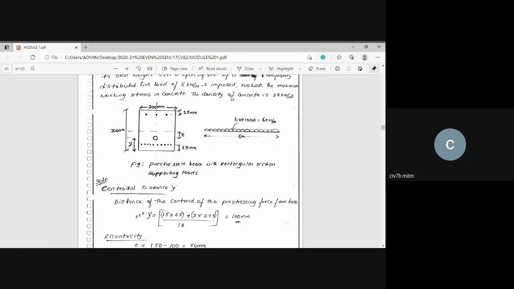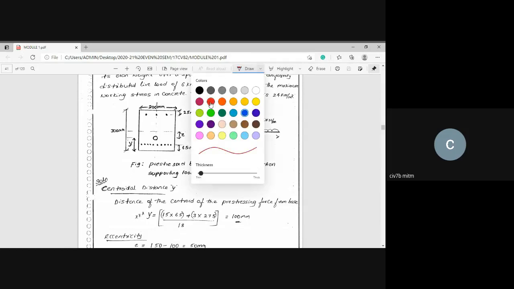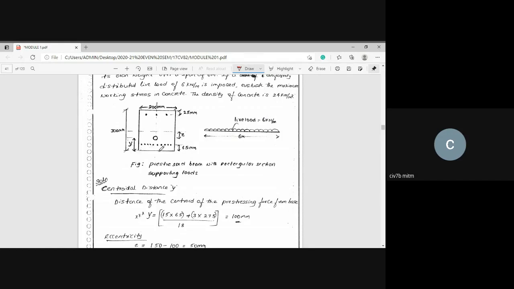Whenever we calculate the centroidal axis, please always write the reference axis first. So let me draw this reference axis. From this reference axis, I am going to calculate the centroidal distance of each wire.